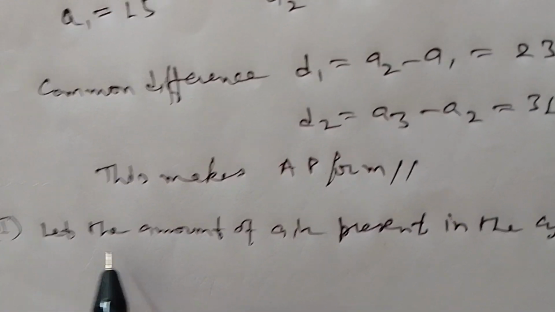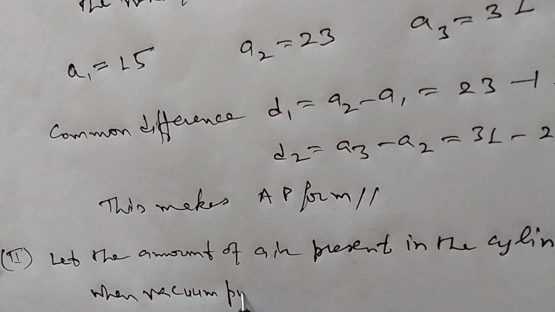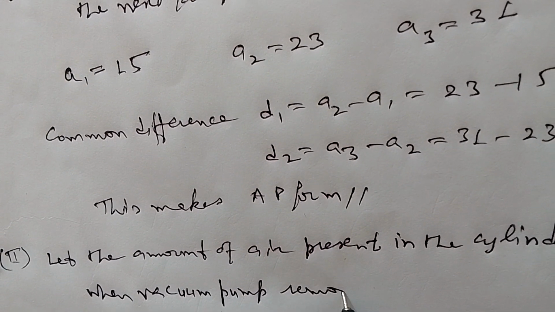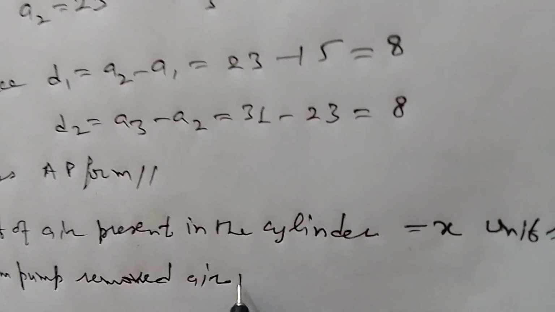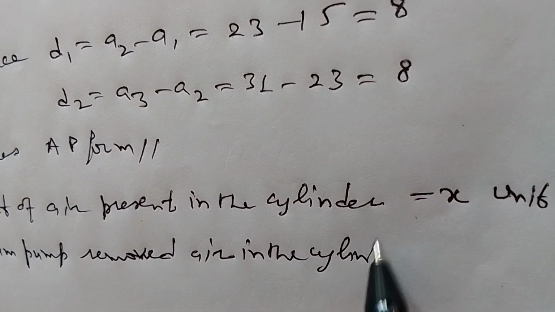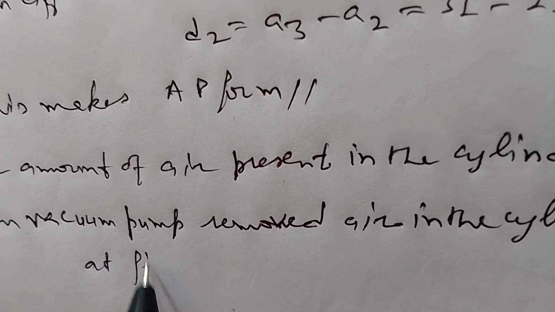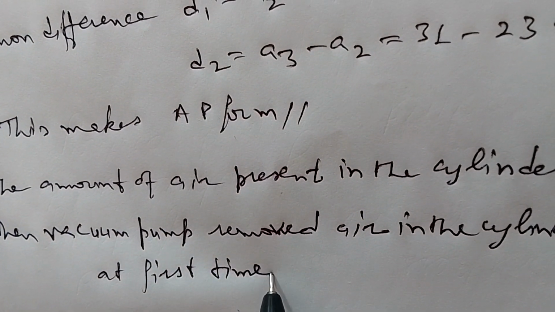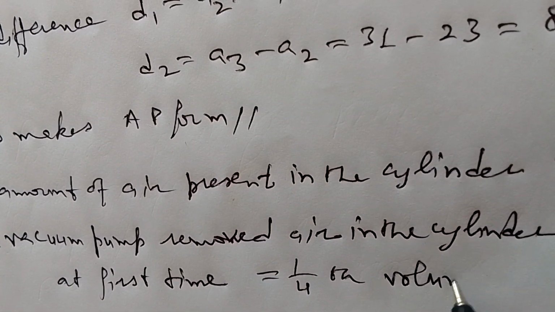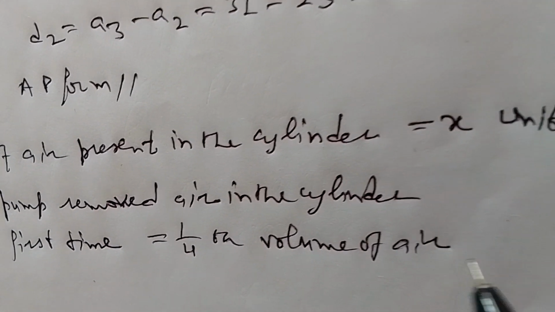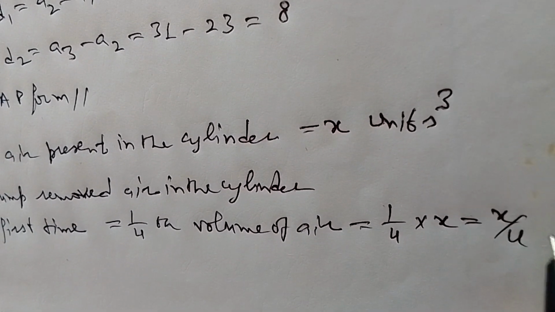When the vacuum pump removes air in the cylinder the first time, it is equal to 1/4 of the volume of air. So it will become 1/4 multiplied by x, that is x by 4 unit cube.